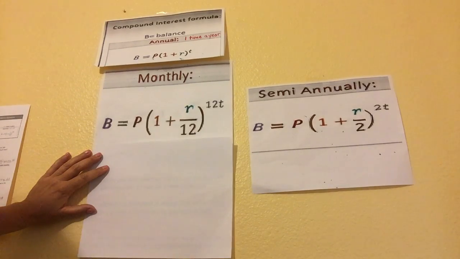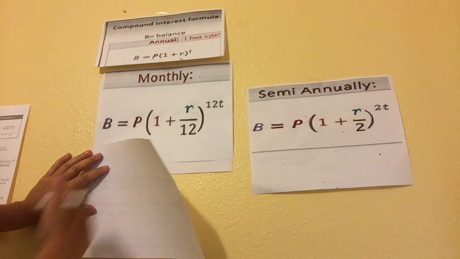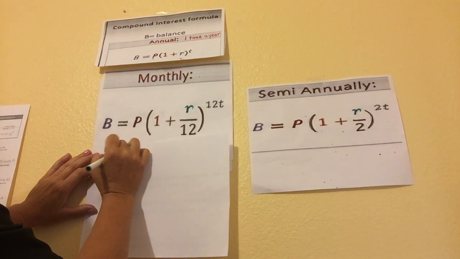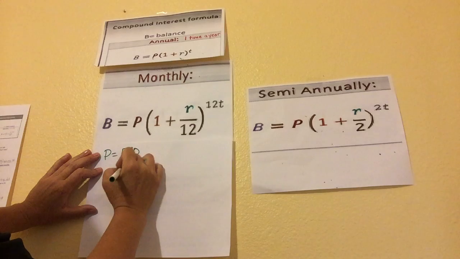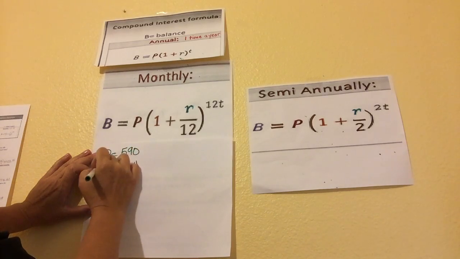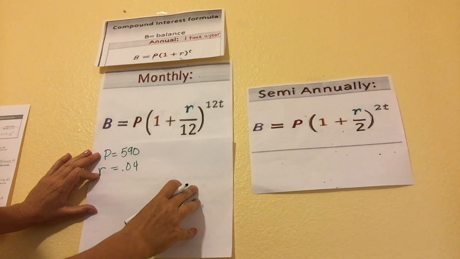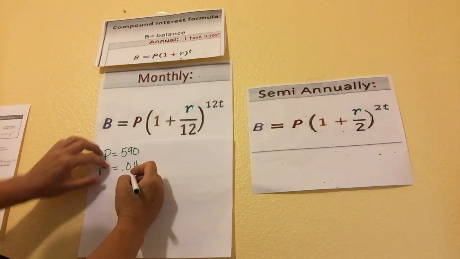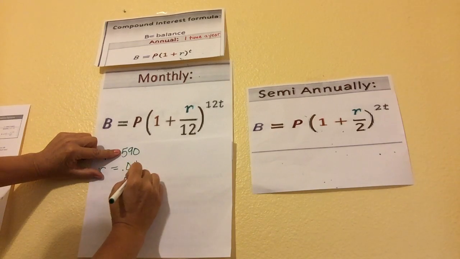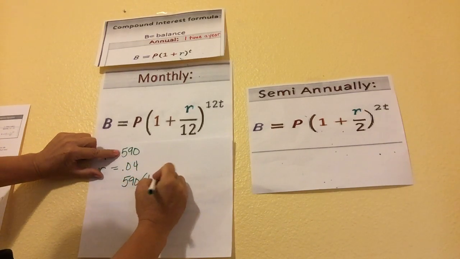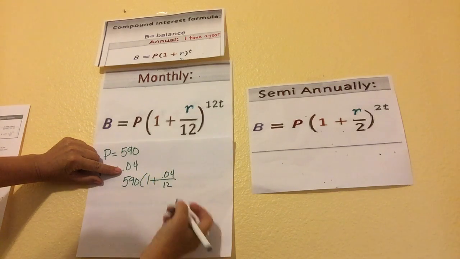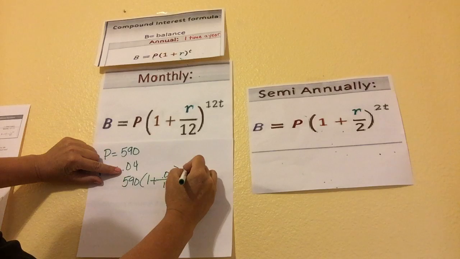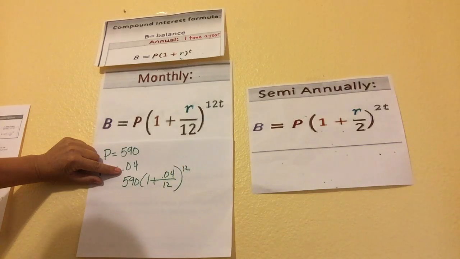Okay, so 590 is P, and 0.04 equals R, and it's compounded monthly. So we put 590 for P, 1 plus R is 0.04 over 12. 12 because 12 months, and then we're not going to put time because it's going to be 1 year, okay?